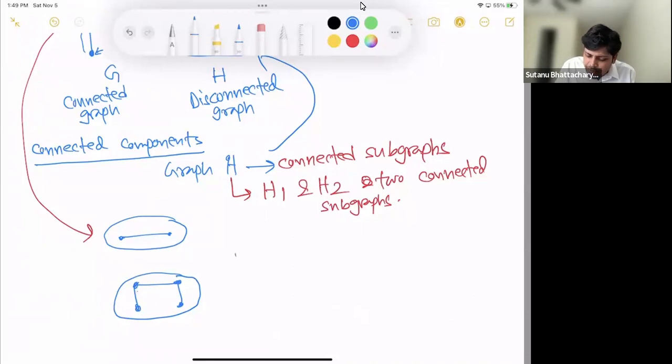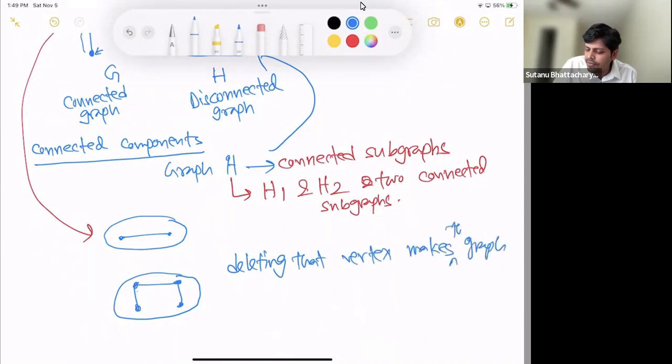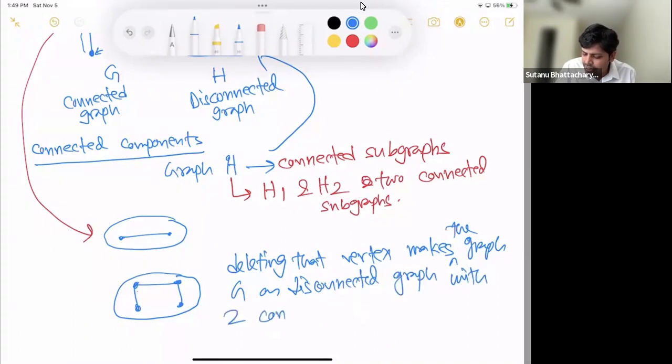So deleting that vertex makes the graph G a disconnected graph with two connected components. It is an important property.